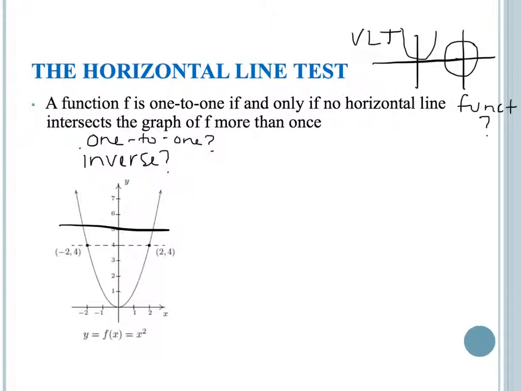It's hitting in 2 spots. And this means we have no inverse. If it flunks the horizontal line test, I cannot come up with an inverse for this original function. Yes, it's a function, but it's not invertible.